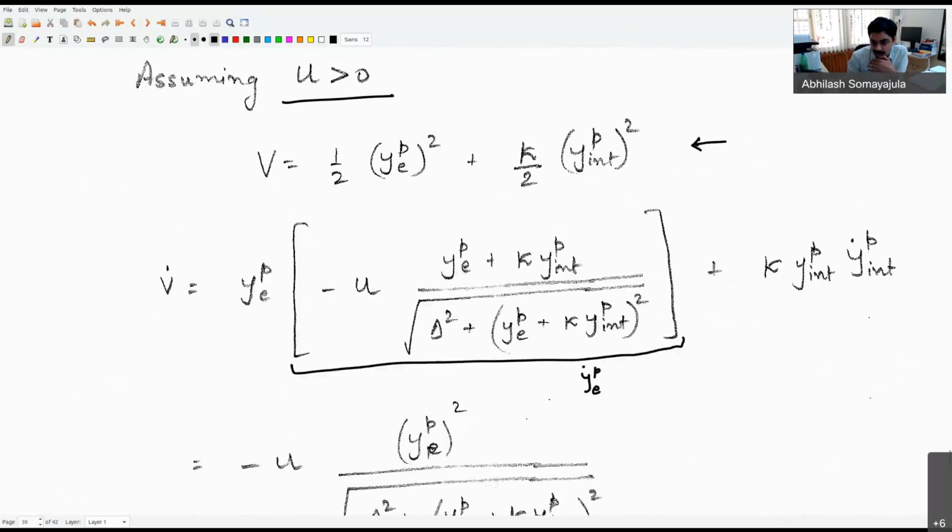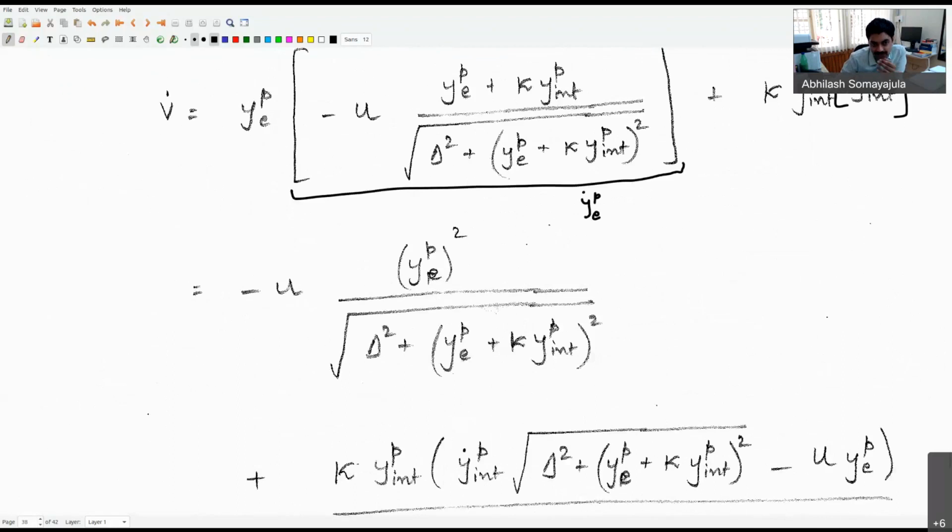We'll replace this yp int dot by that value. And then you will see that with a little bit of algebraic manipulation, this is what will come out. It's not really hard to see that this will come out, so I'm not going to bother doing the algebra here, but you can try that out on your own, and it's very easy to see that this is what should come out.